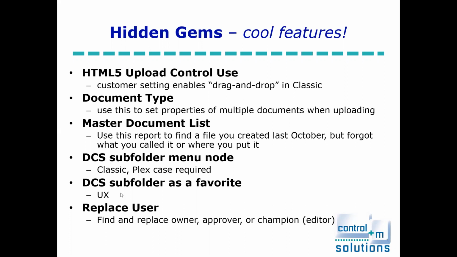And then in UX, you can do basically the same thing by adding that subfolder as a favorite. Just as you would any other favorite in your UX system, add the subfolder as a favorite, and it would then show up in your favorites list.